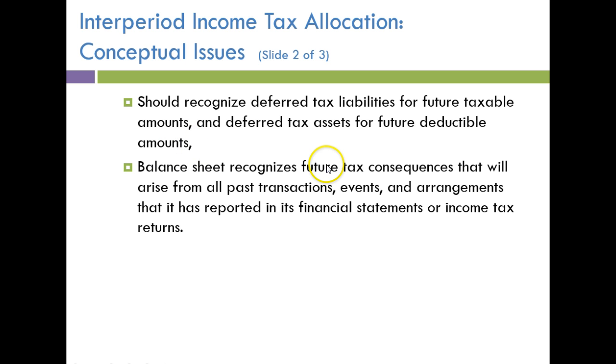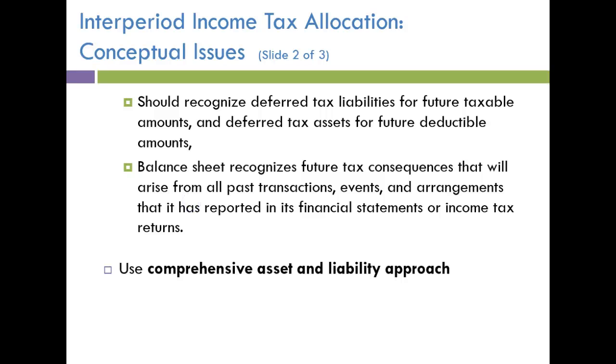The balance sheet recognizes the future tax consequences that are going to arise. Like we showed that non-current liability as a deferred tax liability. We showed it on our balance sheet in the liability section.